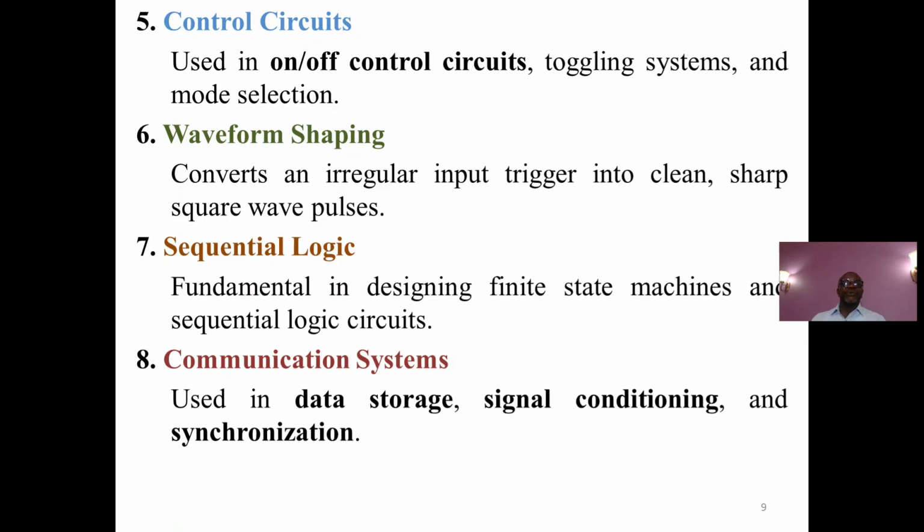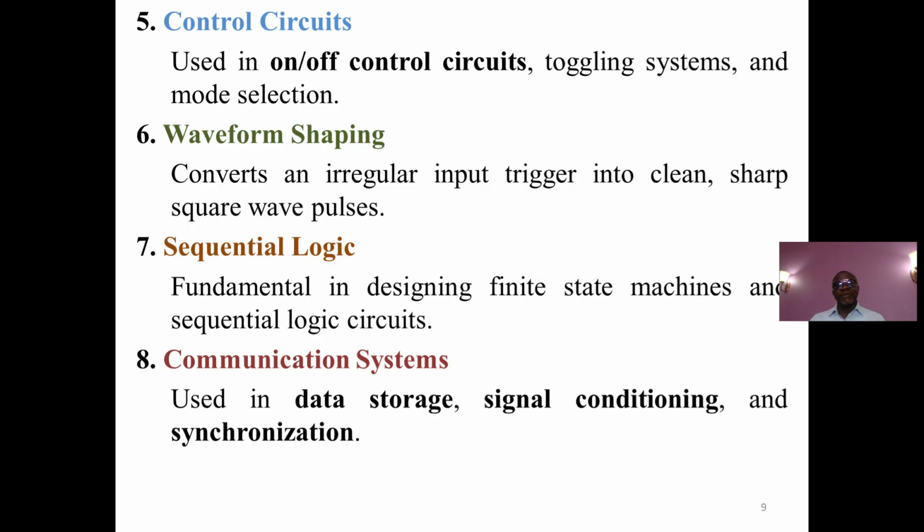Also, in control circuits, it is used as on-off circuits because if it is on, it is on. If it is off, it is off unless toggled again. So in any circuit that you need toggling, you make use of this bistable multivibrator.